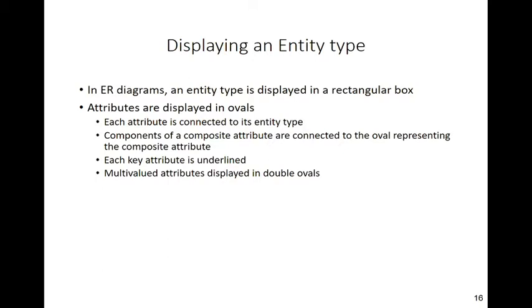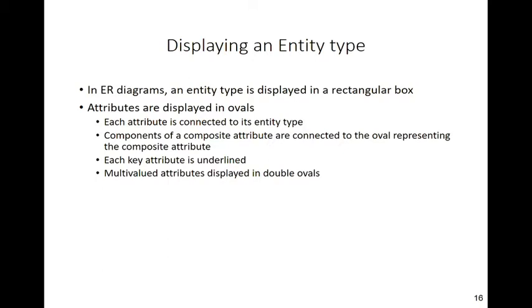Now, as we said, what are the 2 favorite words in IT? It depends. In here they talk about each key attribute being underlined, and in most places you have a solid underline only under the primary key.